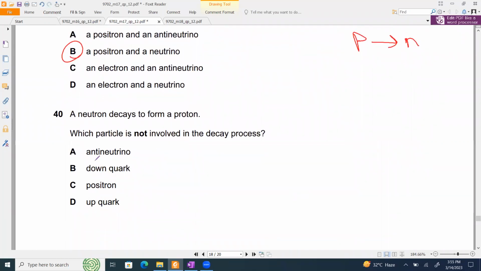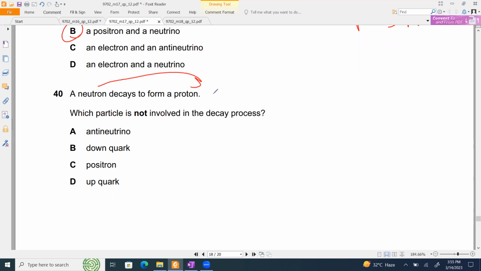Now the next one, they say a neutron decays to form a proton. Which particle is not involved in this decay process? Down quark, positron, up quark. See, let me write.